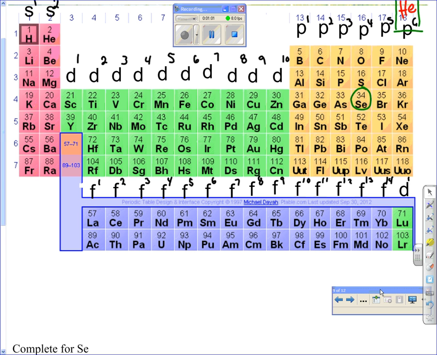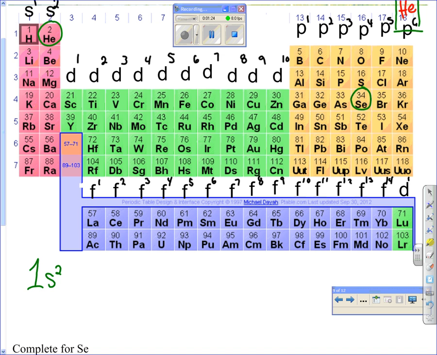We're going to go through and stop at what I call the bus stops, which are full shells or full orbitals, and those are going to be at the end of colors. Our first bus stop, you can see, is helium. So helium is 1s2, and your helium is over on group 18, but it's still 1s2.